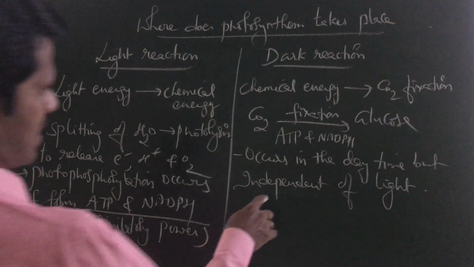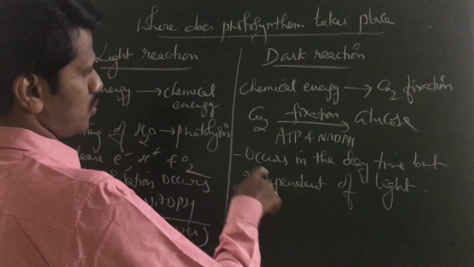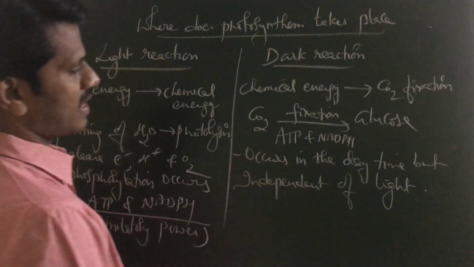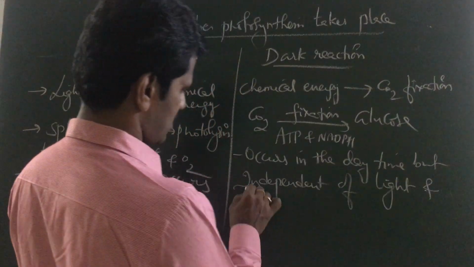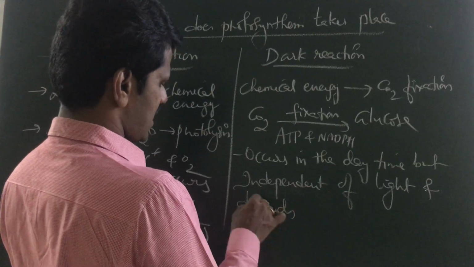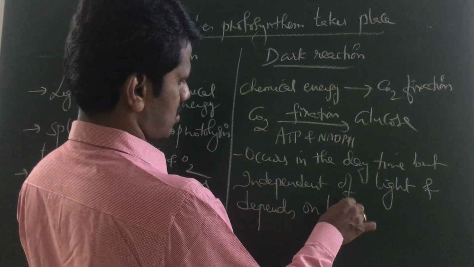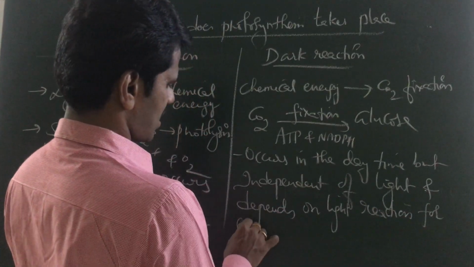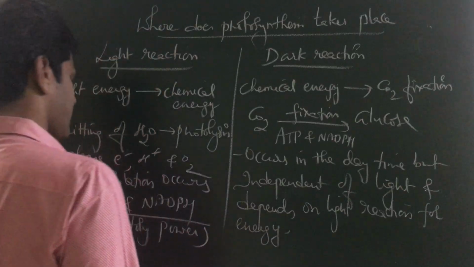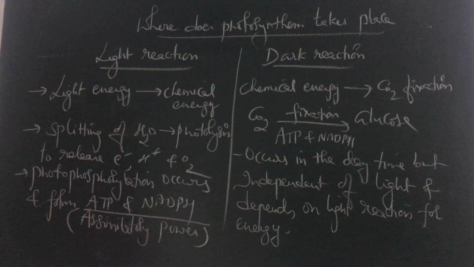Independent of light means it does not utilize light directly, but it depends on the products of the light reaction for its energy. Okay, right. So these are some of the differences between the dark reaction and the light reaction.